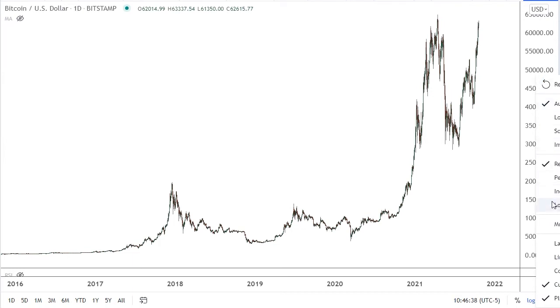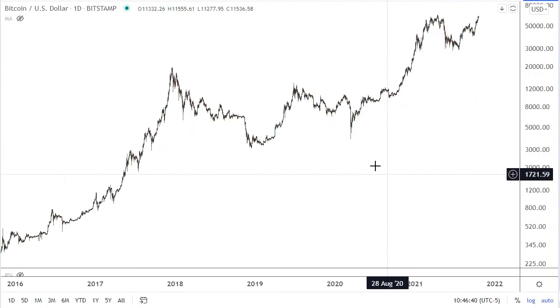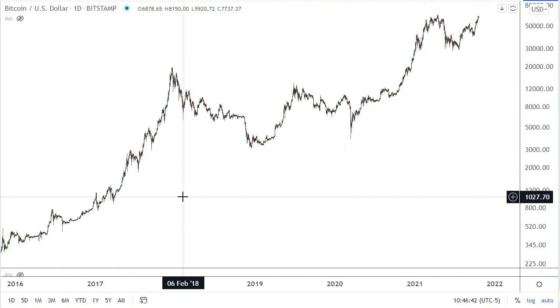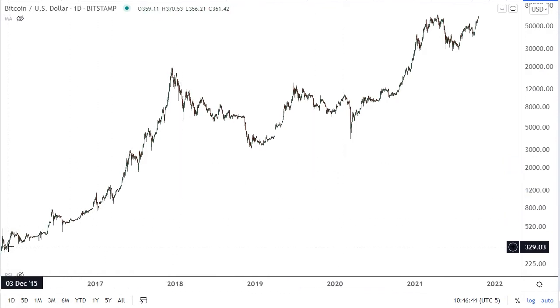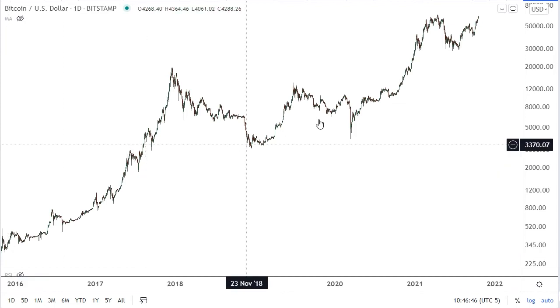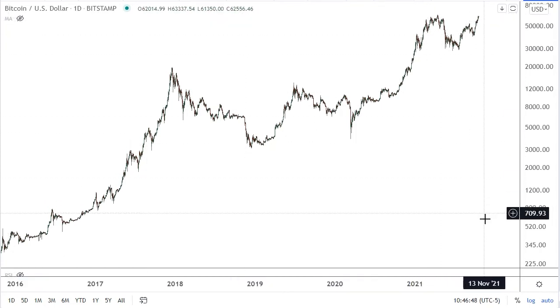Using TradingView, we're going to come over here, and we're going to check logarithmic. Okay, so log chart. This is basically the same chart. We started down here at a couple $100 for Bitcoin, and we're still up here at 60,000. But notice how the scale of the chart on the right-hand side is different.